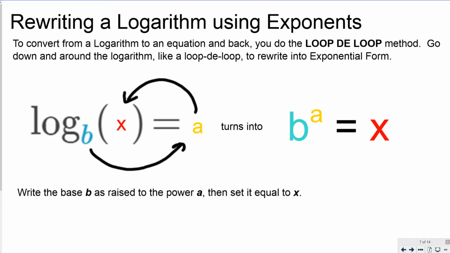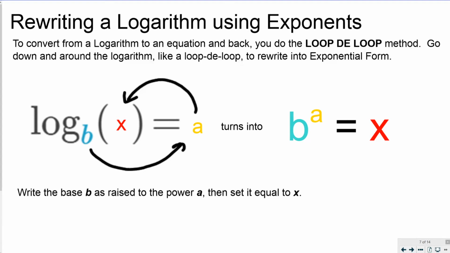You start with the base b, go down and around the equal sign, and then hop back over the equal sign. So we're basically looping around the equal sign in order to rewrite the exponential equation correctly. So the log base b of x equals a turns into b raised to the a power is equal to the number x.